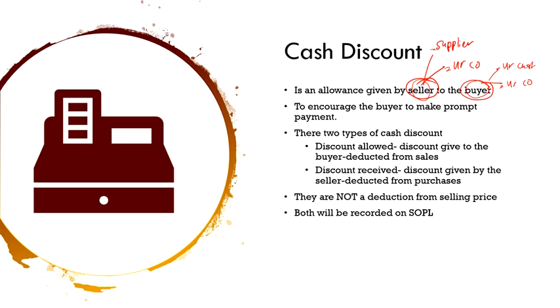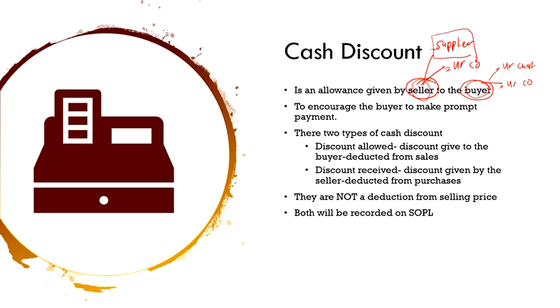Discount allowed, you are giving a discount to your customer. Whereas discount received, discount given by the seller, deducted from the purchases. Which means discount received, you receive the discount from your supplier.